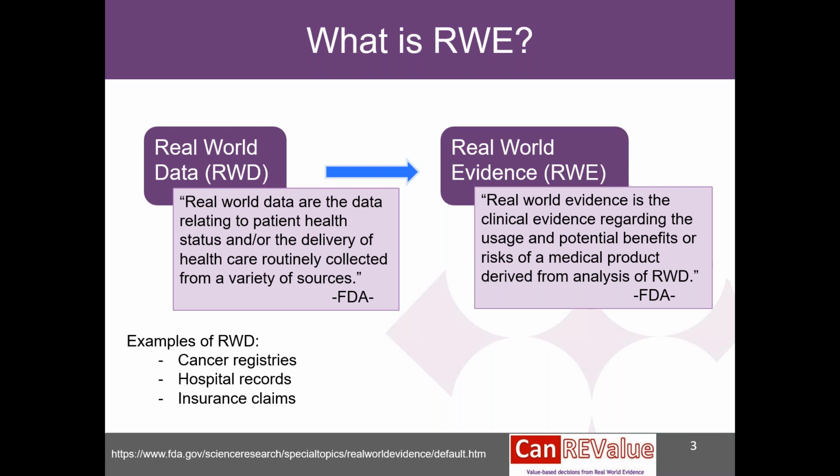With the application of statistics and different methods, and with the focus of specific questions, we generate the real-world evidence, RWE. It's usually defined as clinical evidence regarding the usage and potential benefits and risk of a medical product derived from analysis of RWD. Again, this is from FDA.